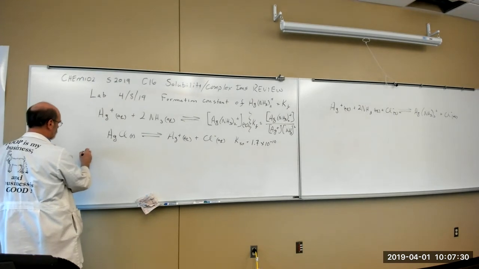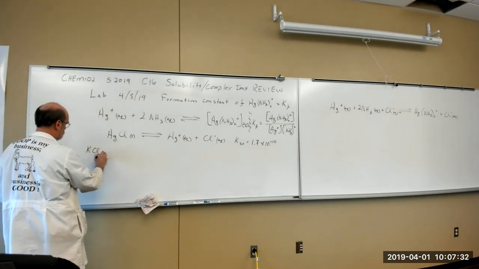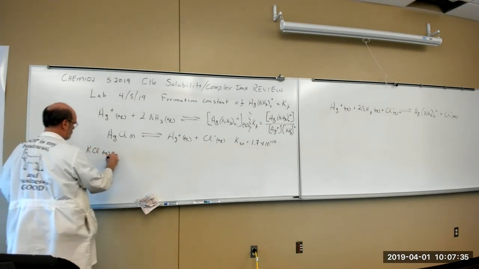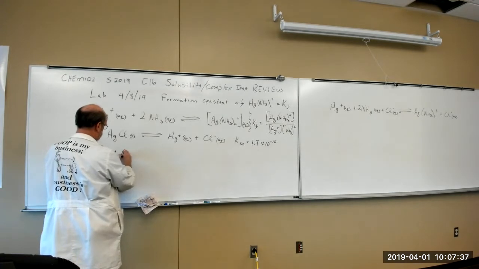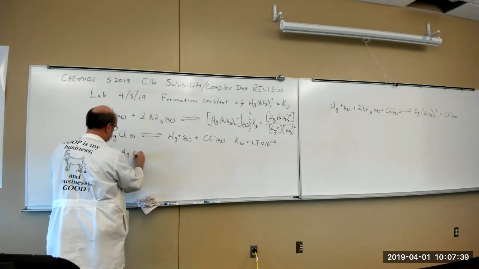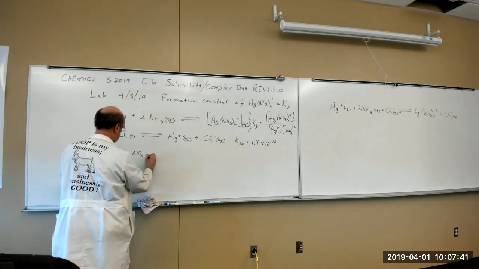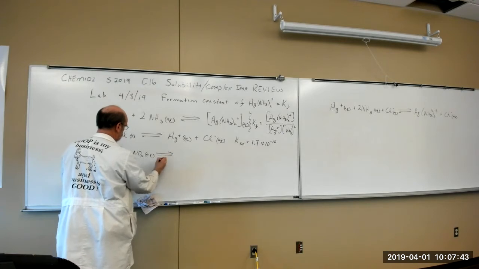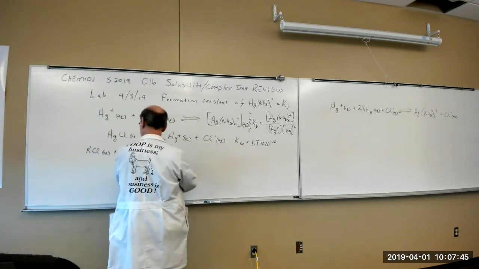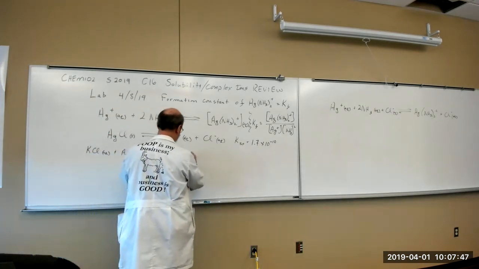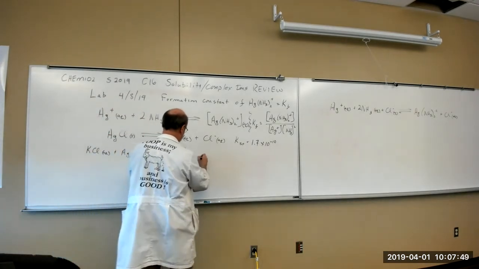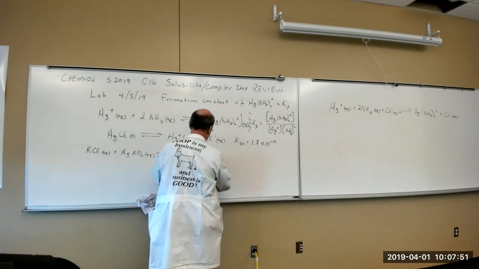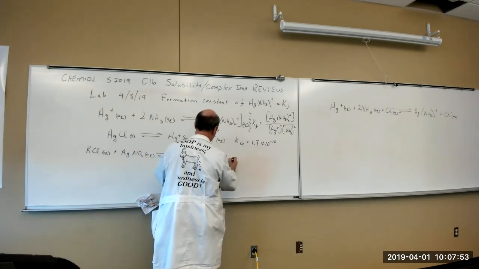How did we get to this point here? So we had potassium chloride and silver nitrate. And that forms potassium nitrate plus silver chloride.